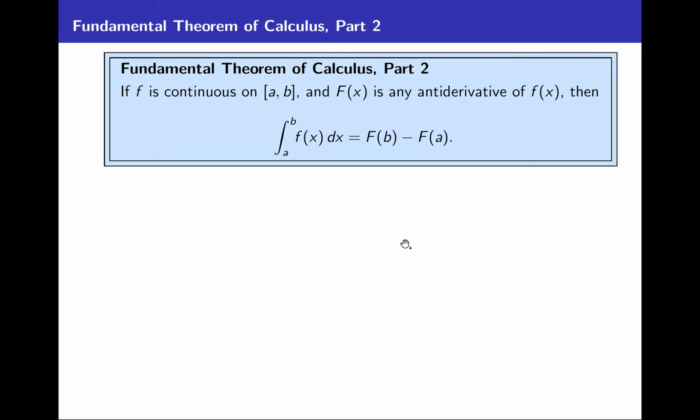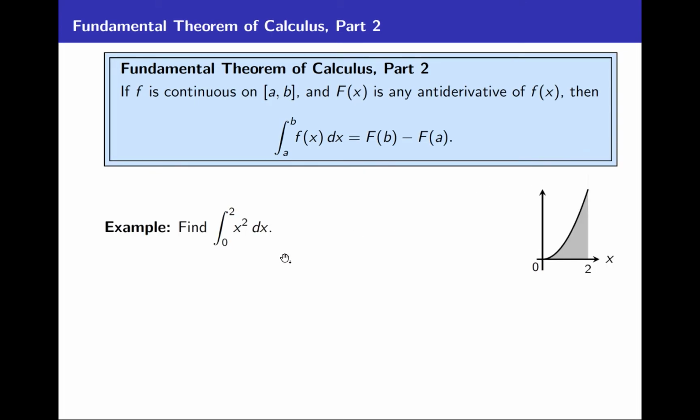That's a pretty remarkable statement. By definition, the value of this definite integral was a limit of Riemann sums that was really hard to work out. Now we have a simple expression for it. Finding this definite integral is as easy as finding an antiderivative of little f, plugging in b, plugging in a, and doing the subtraction.